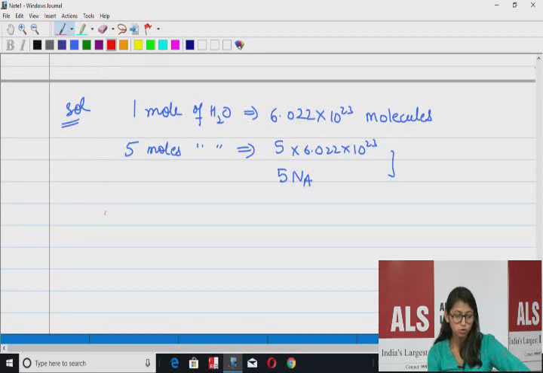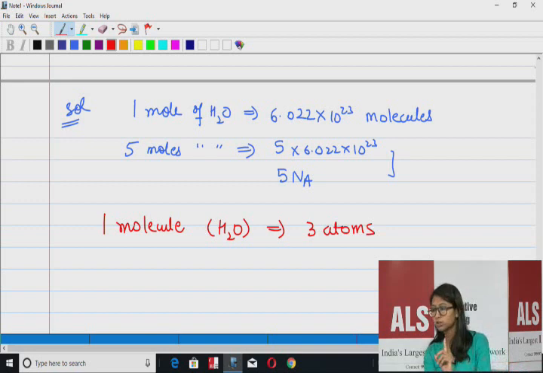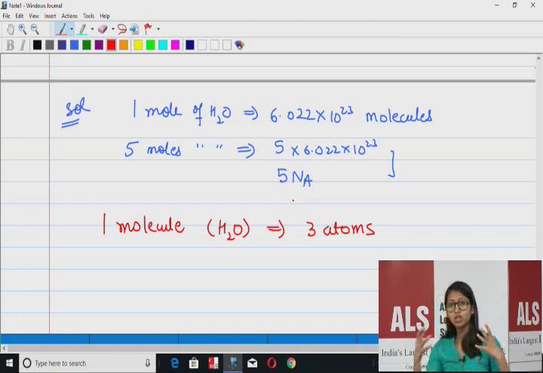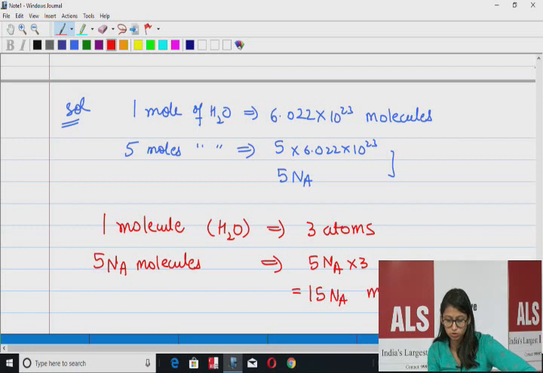I also know that one H2O molecule is having 3 atoms in total. A single molecule contains 3 atoms in total. So I have calculated the number of molecules from the 5 moles. Now can I write 5 Na molecules will be creating 5 Na into 3, that would be 15 Na atoms.